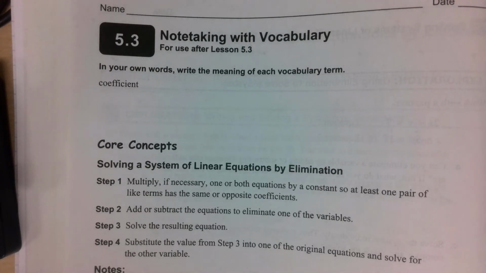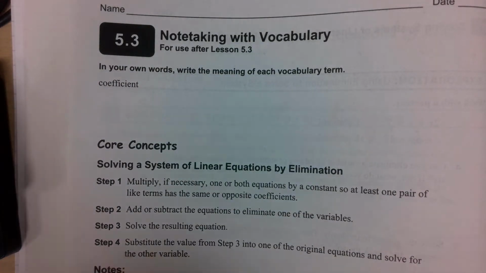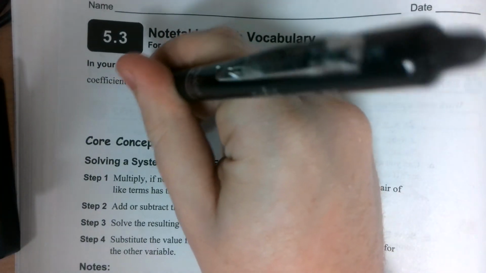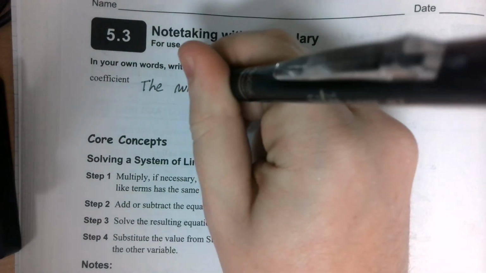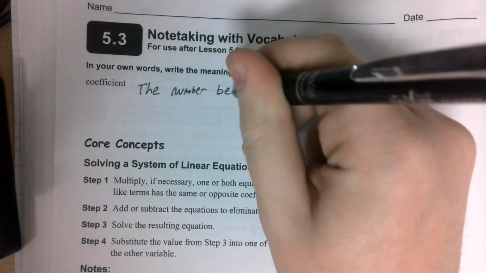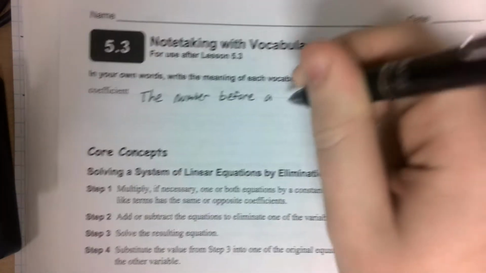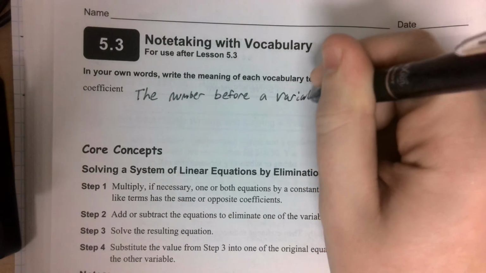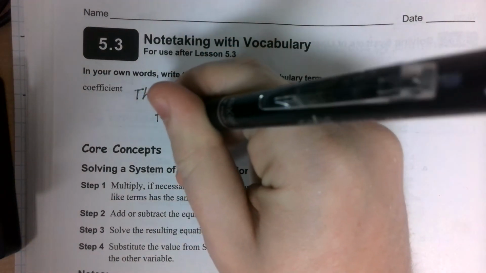Do you recall? The coefficient is just another way of saying the number that comes before a variable that's being multiplied to it. The number before a variable that multiplies it.